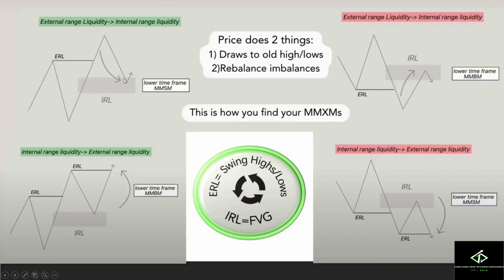From this point to this point, it forms a lower time frame sell model, right? Market maker sell model forms here. Similarly, in case of buying, it comes down here, it hits the internal range, and when it goes up, it makes a lower time frame buy model, right? And same thing for the sell cases, for the bearish moves.